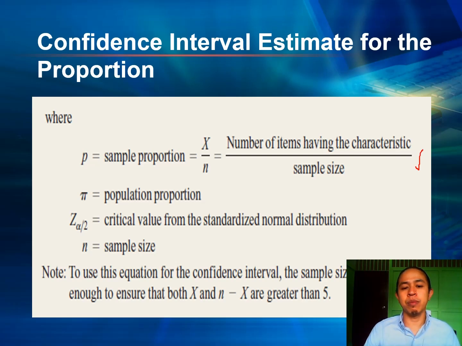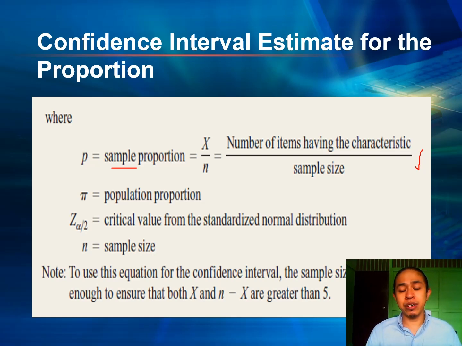We have here the pi, which represents the population proportion. We have the z value, alpha divided by 2, the critical value from the standardized normal distribution, and n is the sample size.